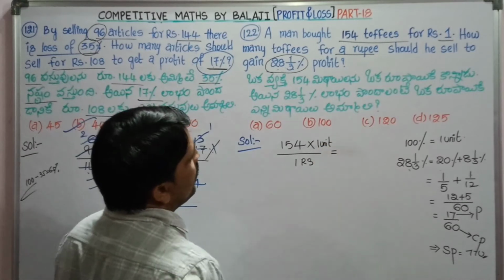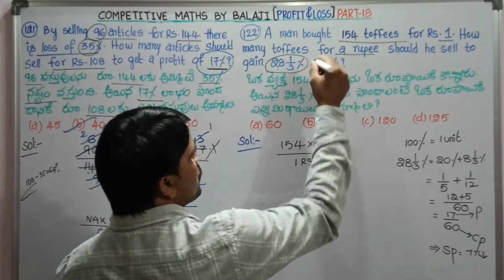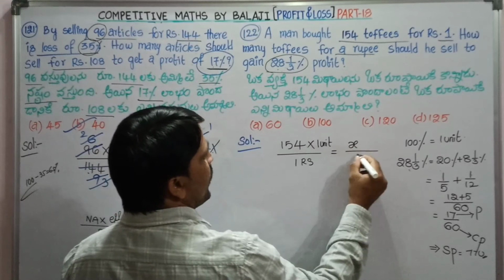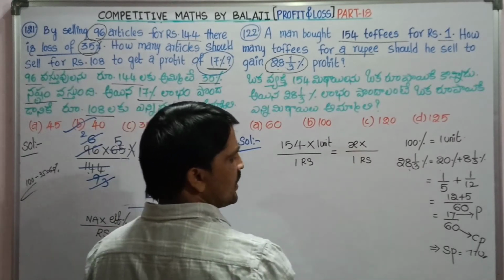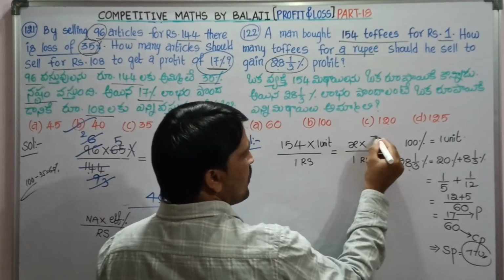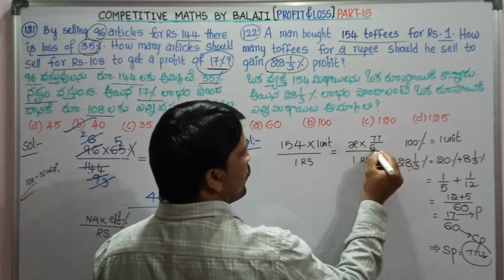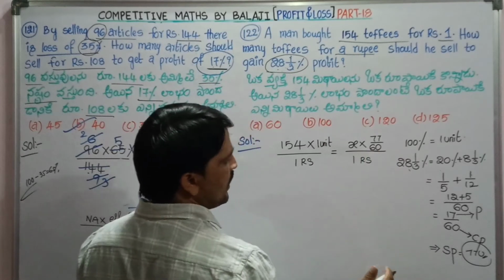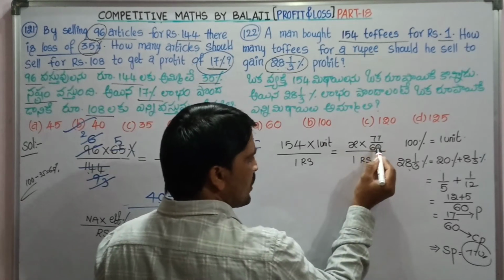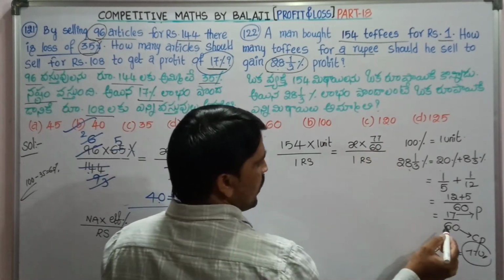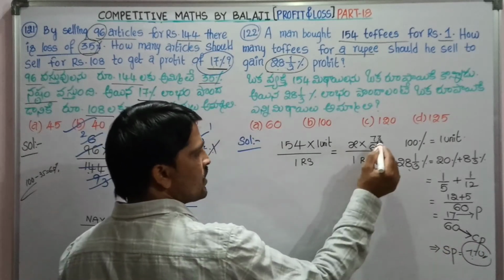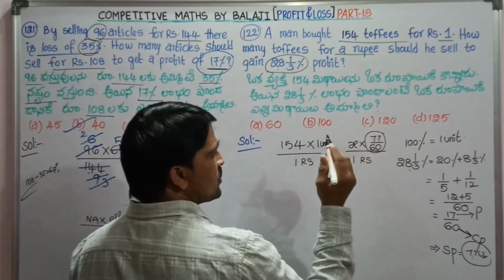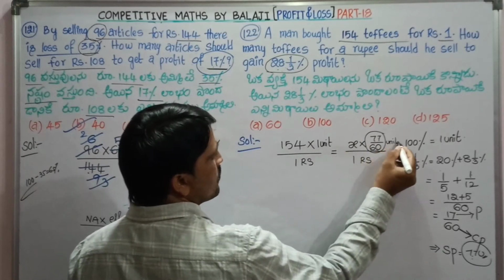Let us suppose he sold X toffees for 1 rupee, and the effective percentage in units is 77 units out of 60 units. That is, the cost price is 60 units, then the selling price is 77 units. So we have to sell 77 by 60 units.